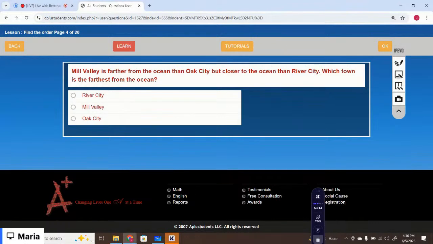Mill Valley is farther from the ocean than Oak City, but closer to the ocean than River City. Which town is the farthest from the ocean?